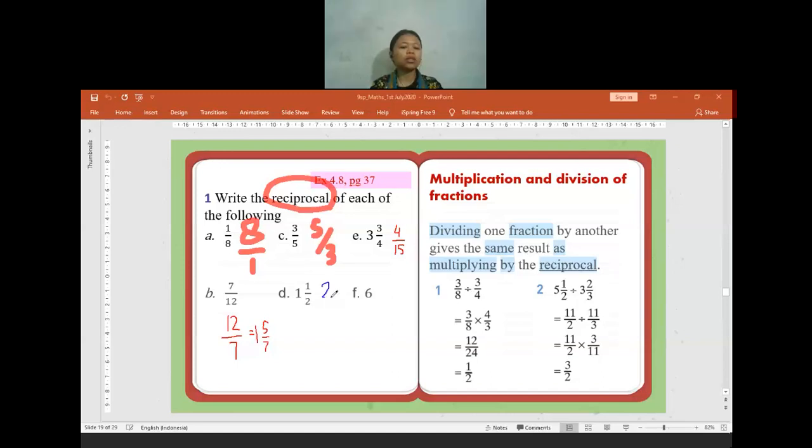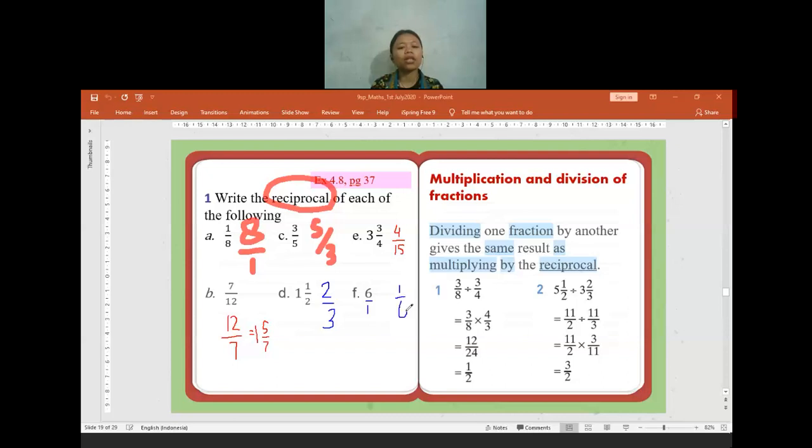Now, what is the reciprocal of 6? If you have no clue, 6 means 6 by 1. So the reciprocal will be 1 by 6.